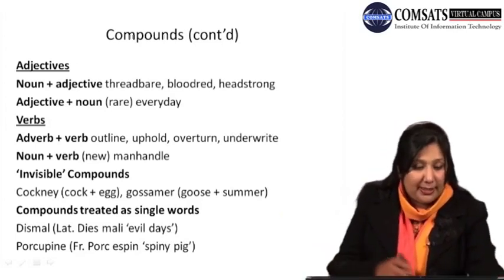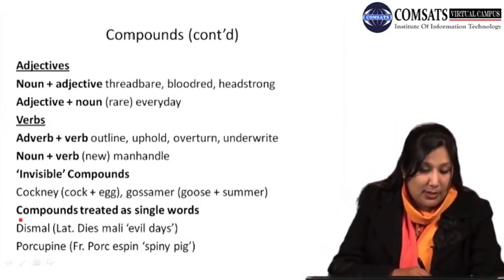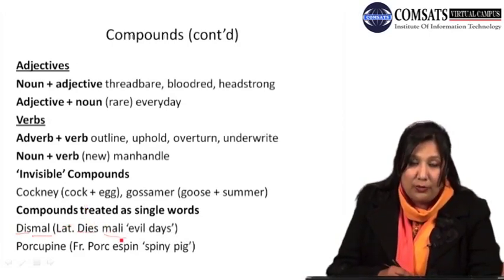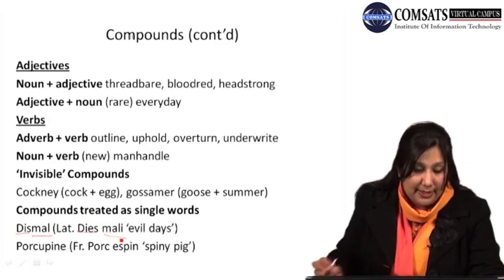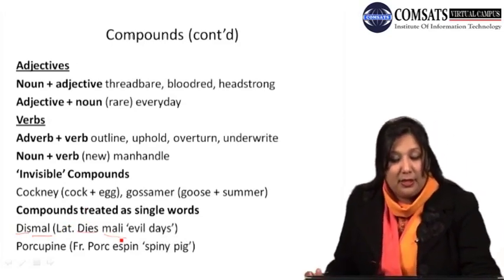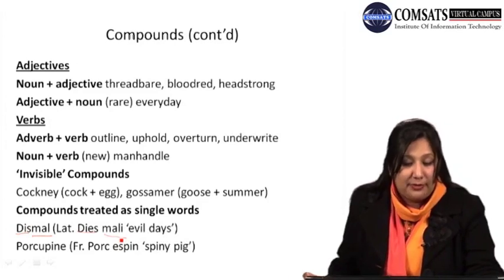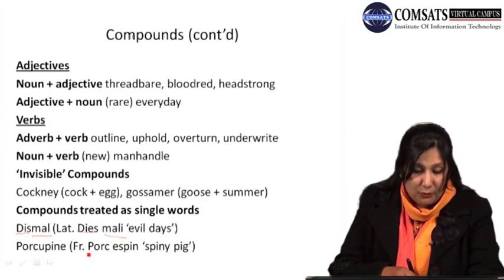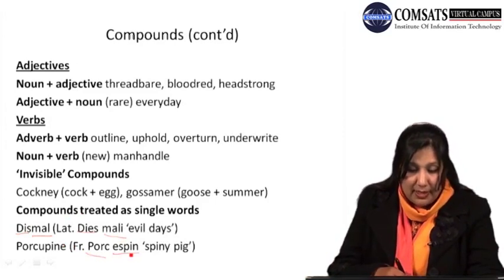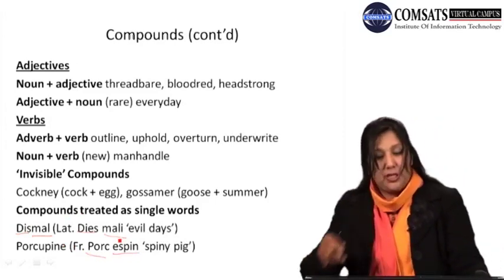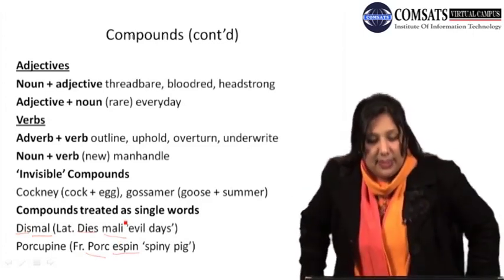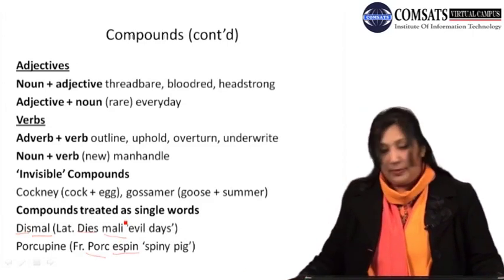This word I am talking about, dismal, actually comes from dies and mali, and overall it means evil days in Latin. And then porcupine. Porcupine is a French word, and it is a combination of porc and espin, and it means spiny pig. This was another French word that was found there.